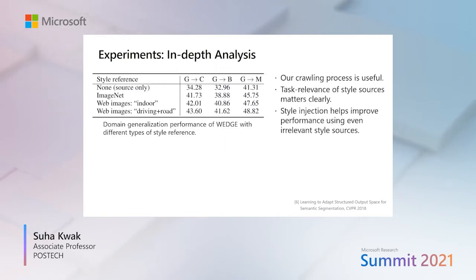Our method outperforms all these variants, which suggests that our crawling process is useful and the task relevance of style sources matters. We can also see that the style injection allows us to use style source images of irrelevant content reliably.